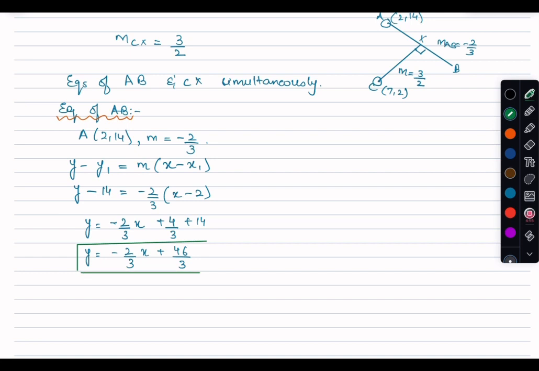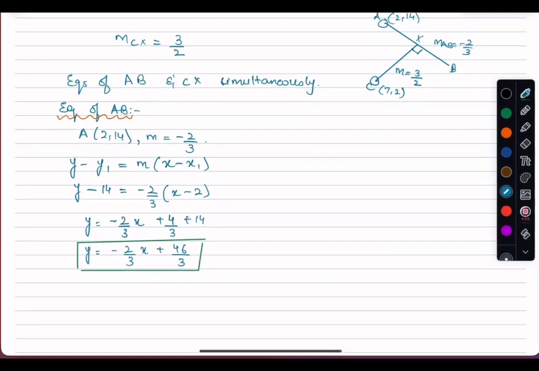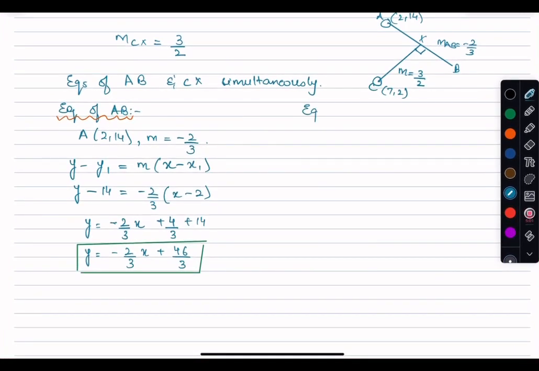In the same manner, I will be getting the equation of CX. So, getting the equation of CX, I have the coordinates of C, which are 7, 2, and I have the gradient of CX as well.